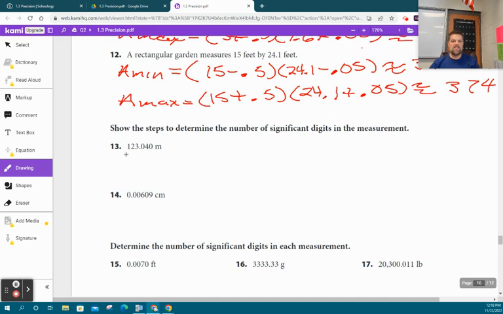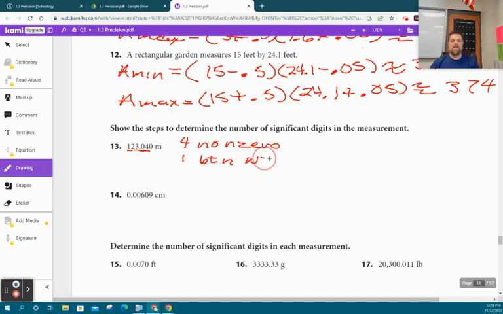We're going to figure out the significant digits. So here is 1, 2, 3 significant digits. This is 4. This is 5, right? Yeah. So how does that work? Well, I've got 4 non-zero significant digits. I've got 1 zero trapped between non-zeros.